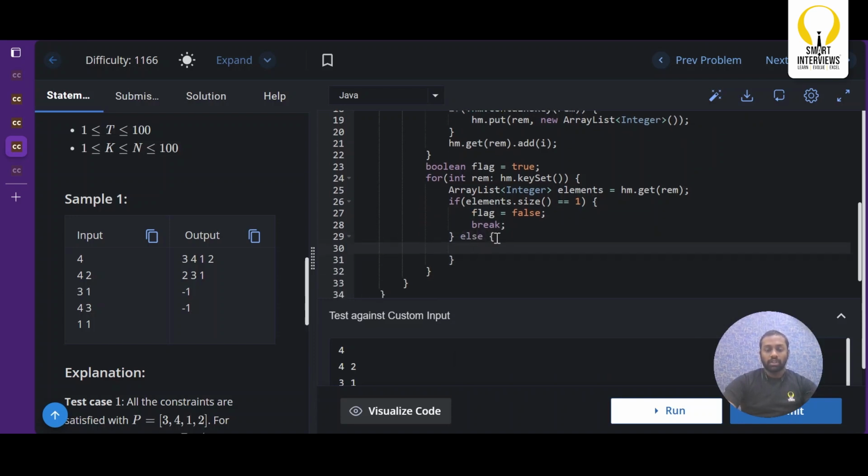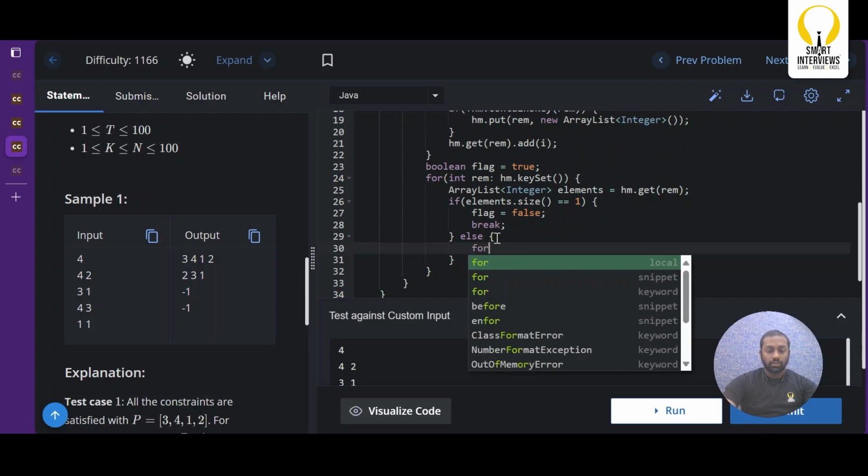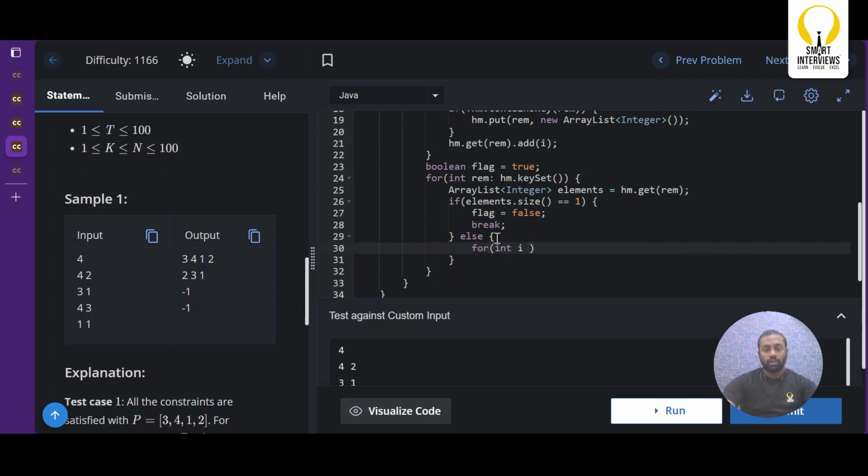Otherwise we saw that I'm going to cyclically put the elements in the next slots, right? So for int I equal to, well actually I need a for loop. Okay, fine.